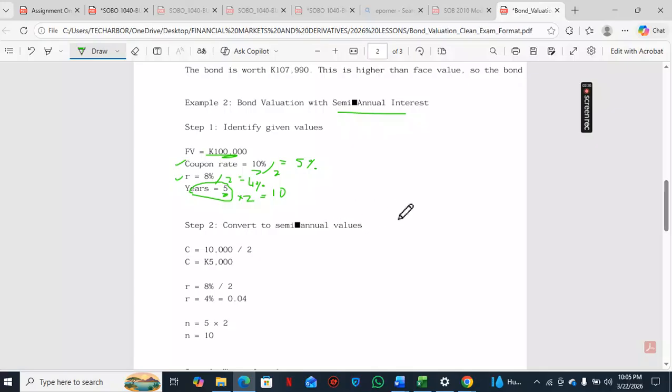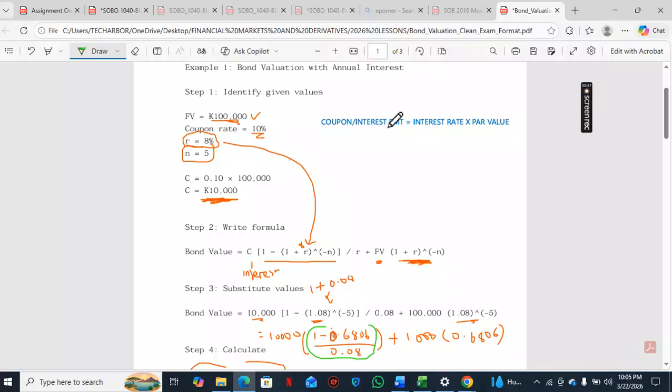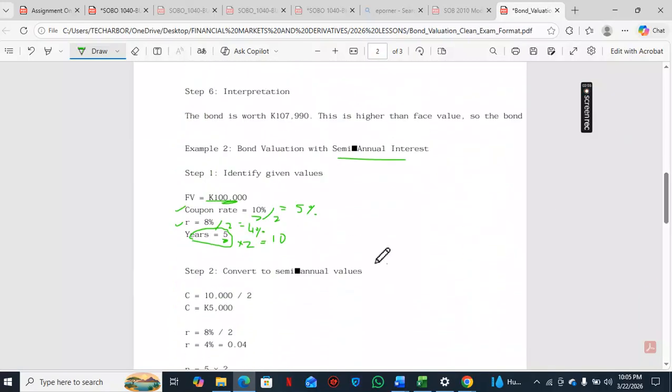You find what the interest payments are. Remember the interest payments as we calculated in example 1, because this is the same example. The interest payment is the interest rate multiplied by the par value. So in this case, you just say 5% of 100,000, that is 5,000.